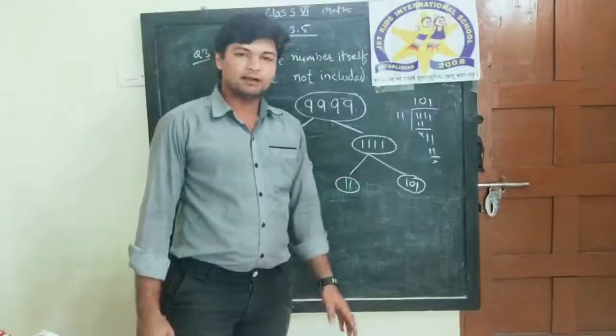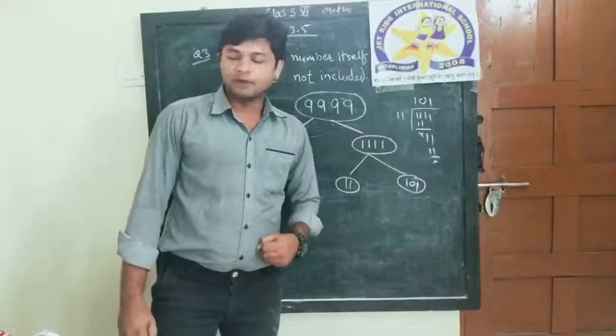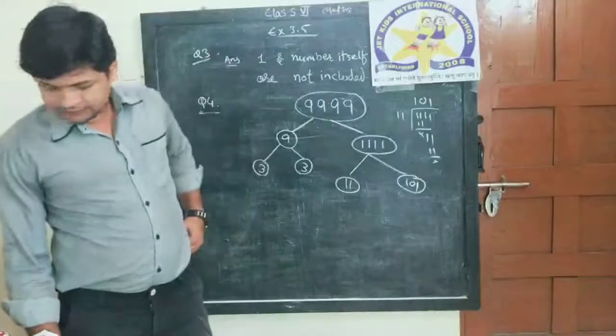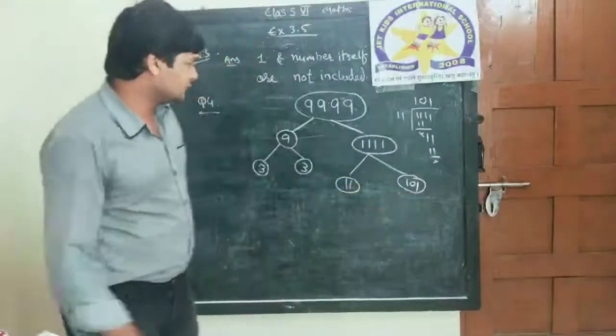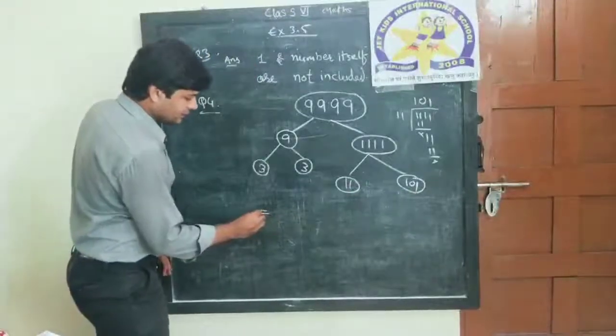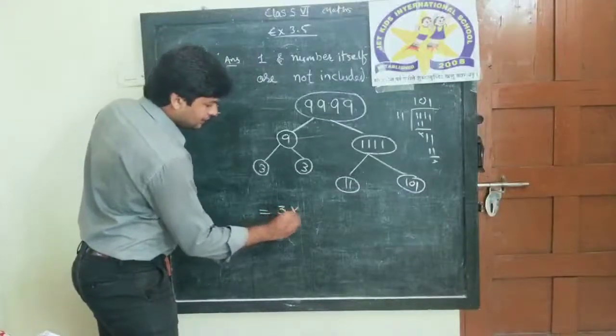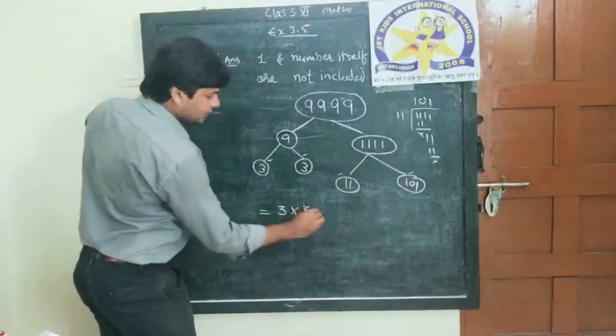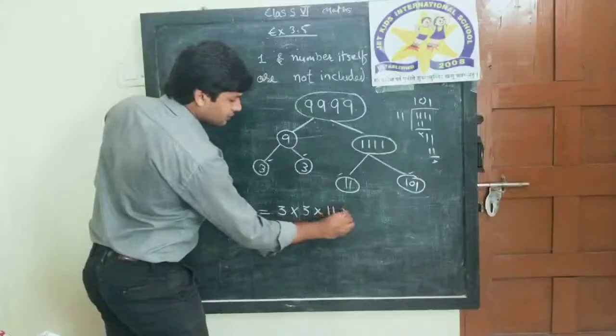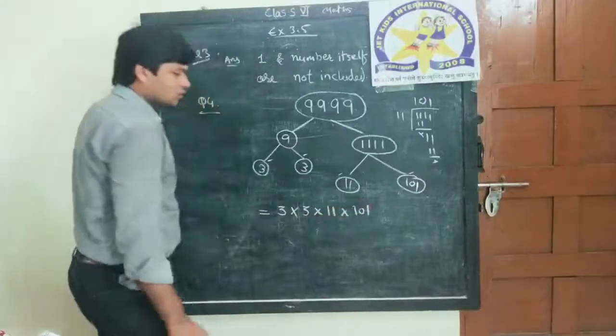101 is a prime number, and its factors are only 1 and the number itself. So the prime factorization will be 3 multiplied by 3 multiplied by 11 multiplied by 101.